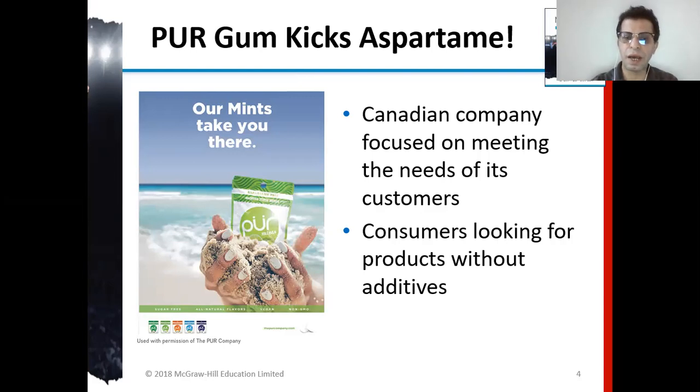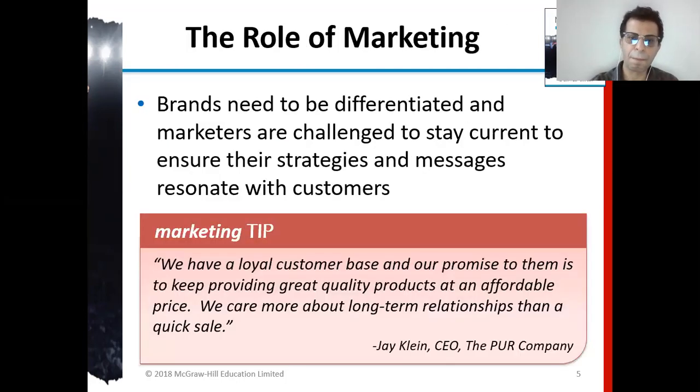So they want a natural sweetener, and they're meeting that need. The consumer is also looking for a product without additives, something natural and sweet. So the pure gum came up with this idea of having a natural sweetness in the gum.